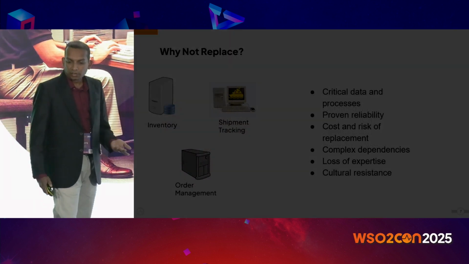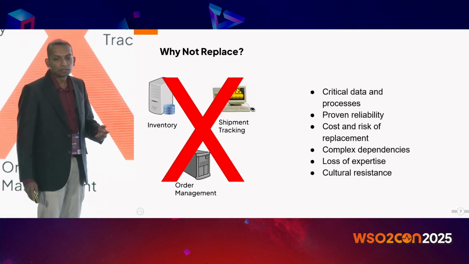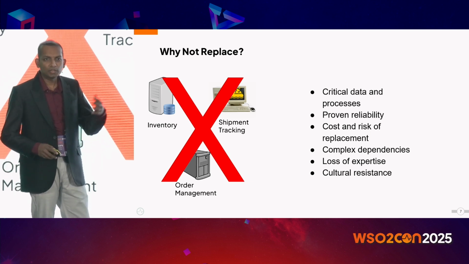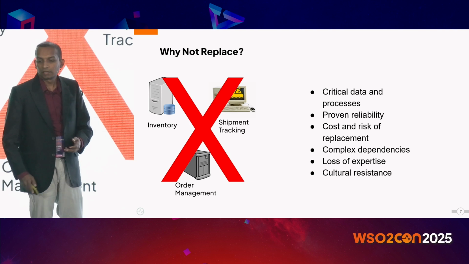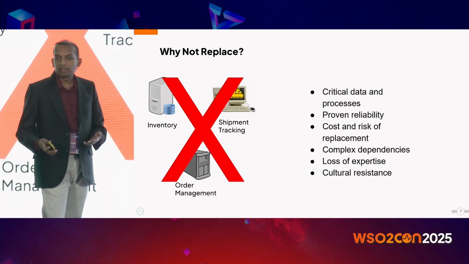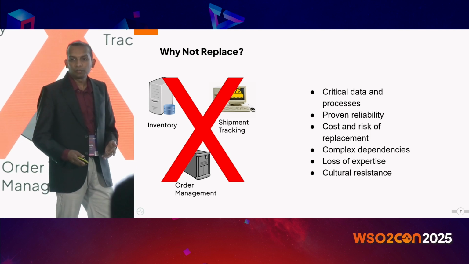Having all these troubles, why can't we simply replace the entire system? These systems have a bunch of critical data and processes, and they have been there for a while, which means they are proven for their reliability.